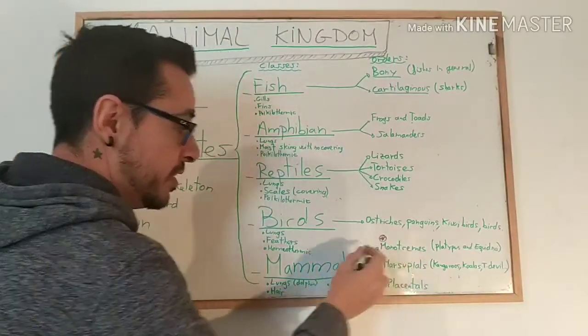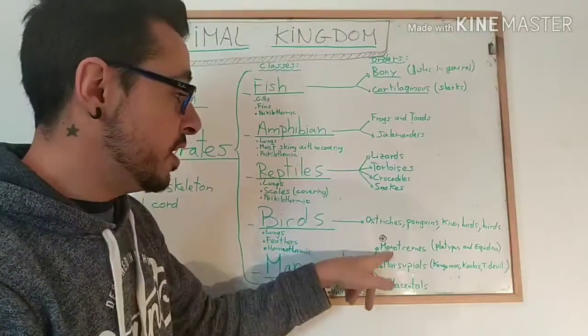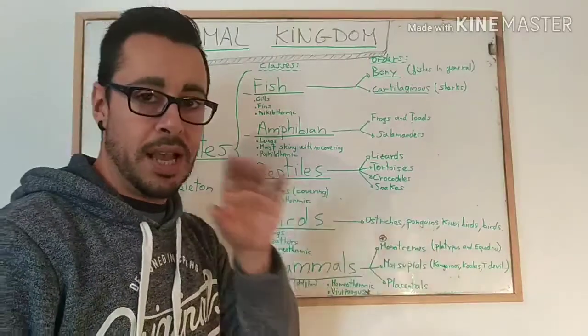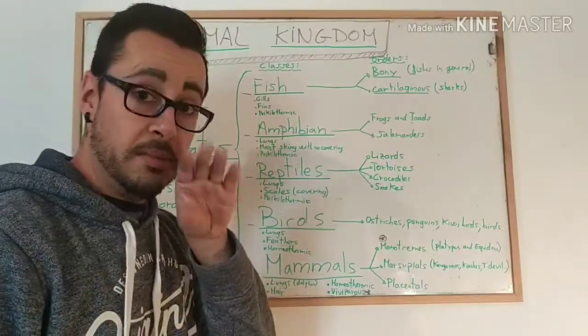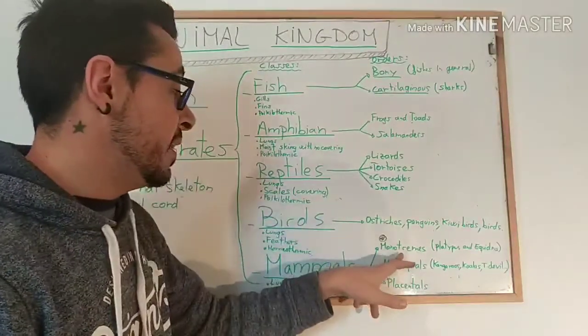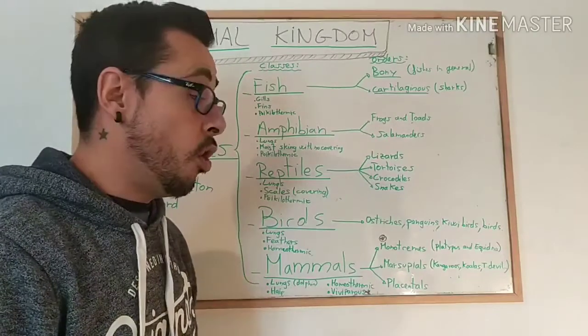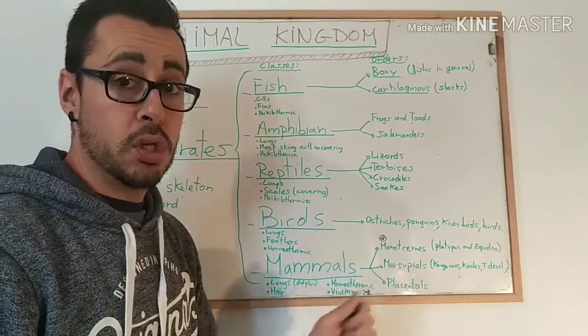Okay, these ones come from birds that evolved into monotremes. And if you take a look at a platypus, they have a bird beak. Okay, and they are born from an egg. Okay, they are oviparous. Monotremes are oviparous.